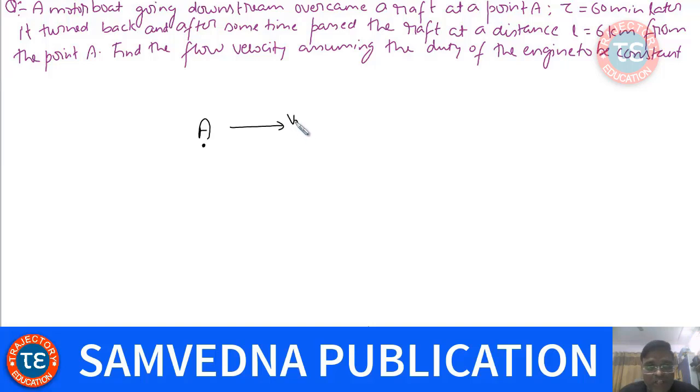We suppose the river velocity is VR. So this is the boat, meeting the raft over here.